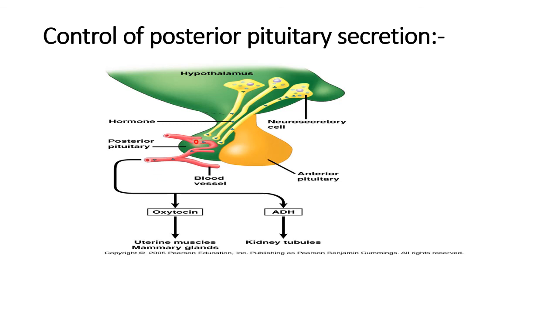So these capillaries have blood that transports the hormone into the vein, and that vein transports the hormone into the circulation, and these hormones reach their target points. Okay, these two hormones reach their target cells. So oxytocin reaches the uterine muscles and the mammary gland, and ADH reaches the kidney tubules.